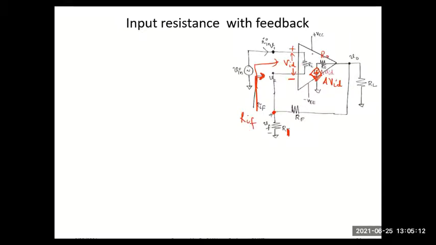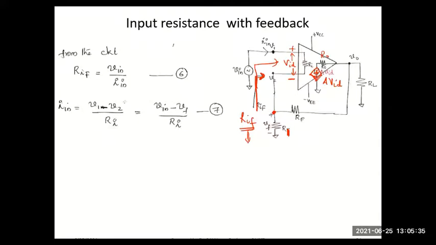Whatever input resistance I have here, Ri represents the input resistance of the basic op-amp without any feedback, the open loop op-amp. Whereas RIF represents the input resistance once the loop is closed, once the feedback loop is closed, it is the input resistance with feedback. We have to find that now. Okay.